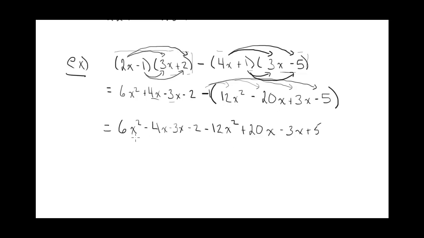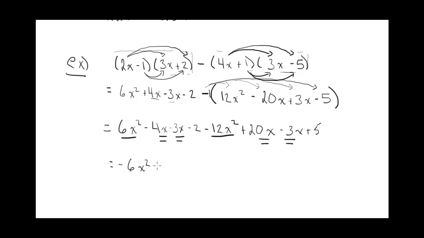And now just collect like terms. So x squared, I have minus 6x squared. X terms, I've got 4 x terms. So I'll add all those. Minus 4 minus 3, it's minus 7. Plus 20 would be 13.